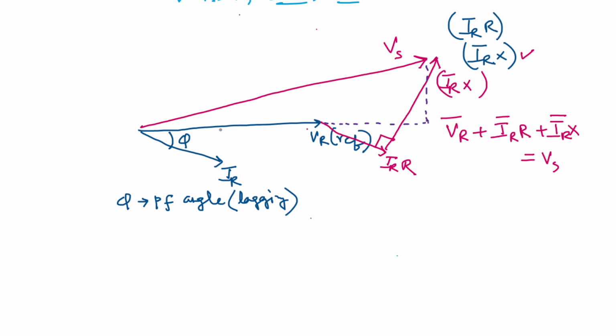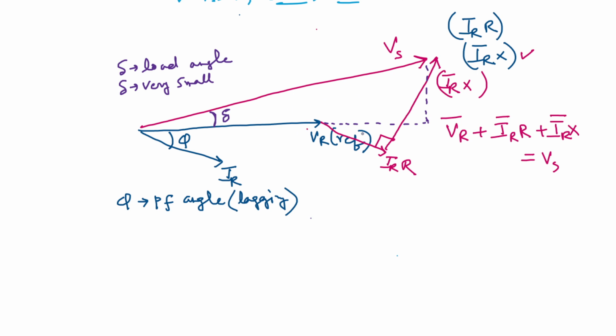Now the angle between Vs and Vr is called delta. It's called the load angle. We will talk on this load angle later. Now in practical cases, delta is very small.